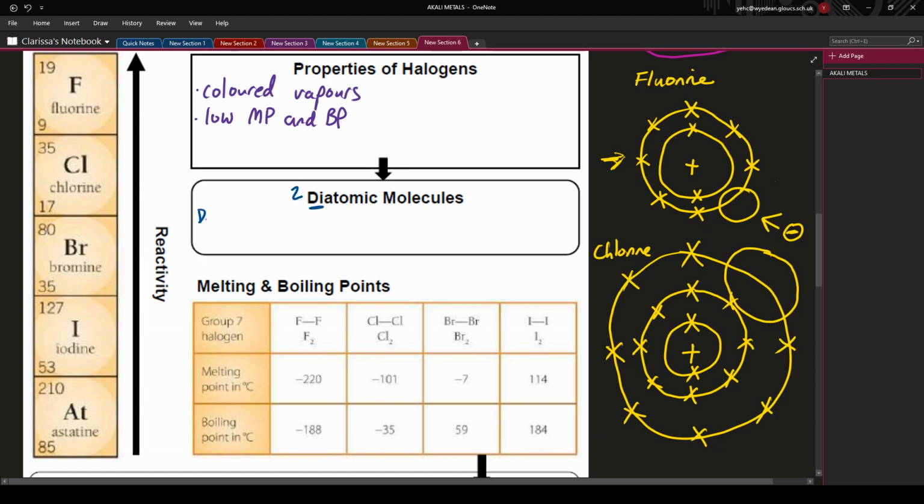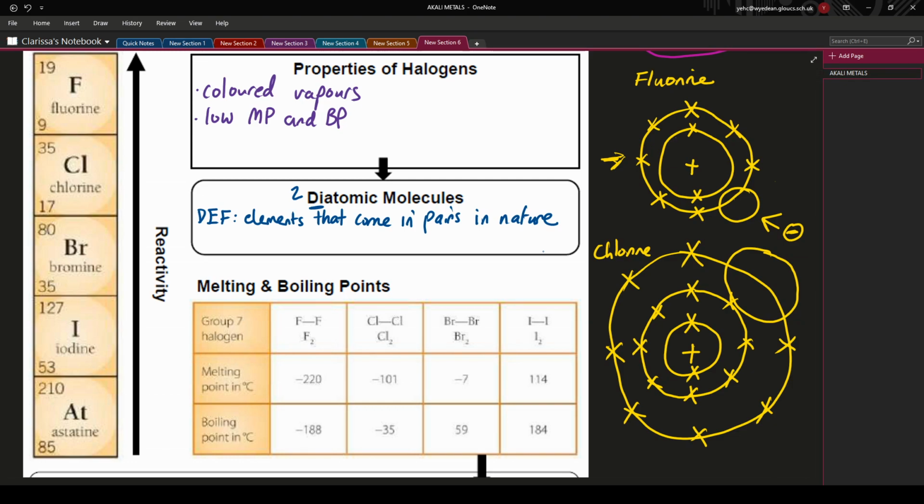Now the definition of diatomic molecules: basically elements that come in pairs in nature. So what that means is basically, remember how we talked about properties of halogens, very reactive.